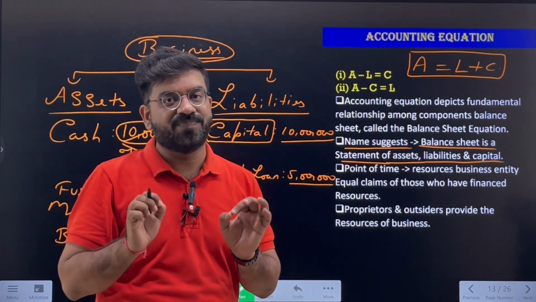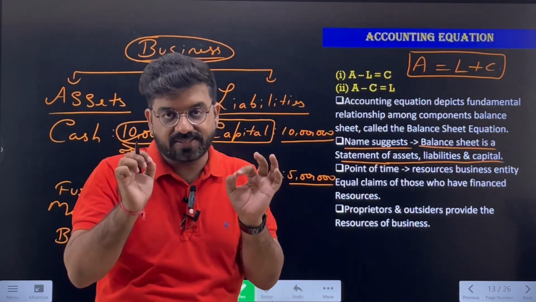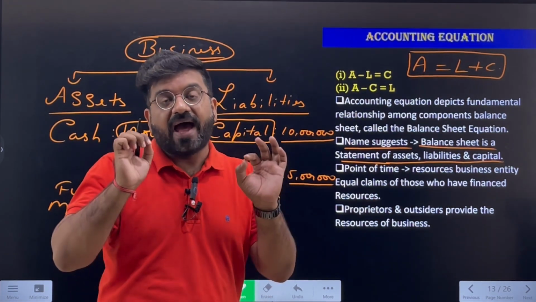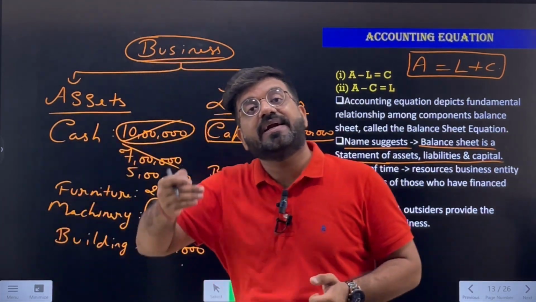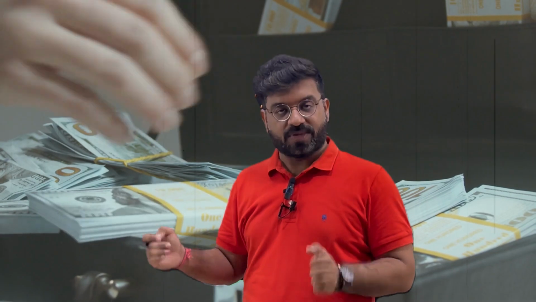Just imagine one thing, my cash is reducing, and in exchange for the cash, I am getting different types of assets. Now, I had 10 lakhs. Just imagine a bag full of 10 lakhs. This you have taken from the owner just to do the business. So if you pay back this amount immediately to the owner, you will shut down your business.